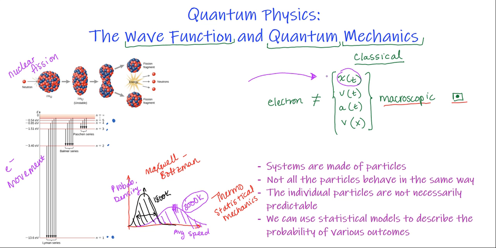So instead, we're going to use this symbol called psi, which is known as the wave function of an electron, and it's going to be able to tell us a couple different things. One of the things is the probability density of finding an electron at a particular place, and also at a particular time at a particular place.